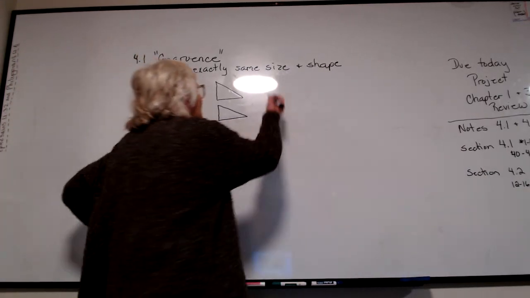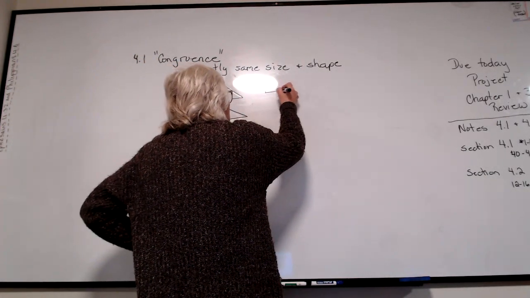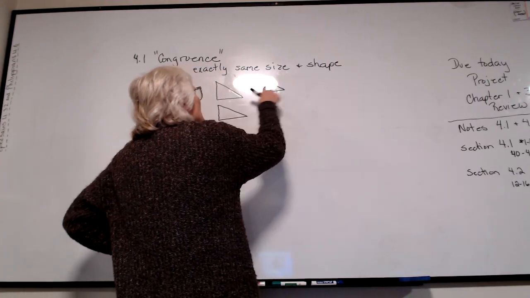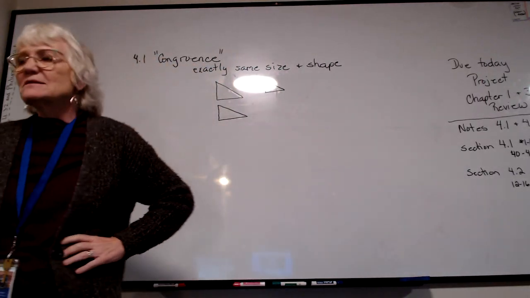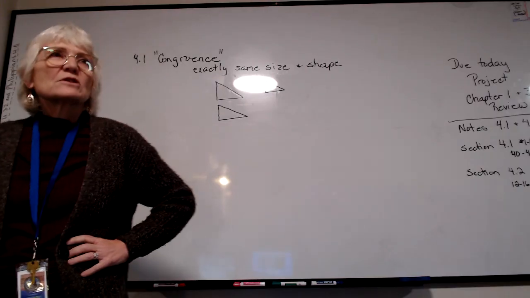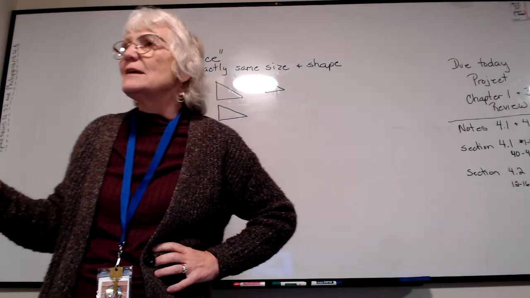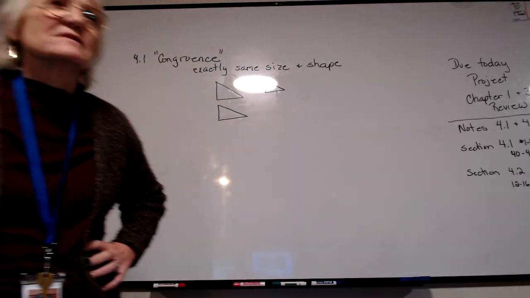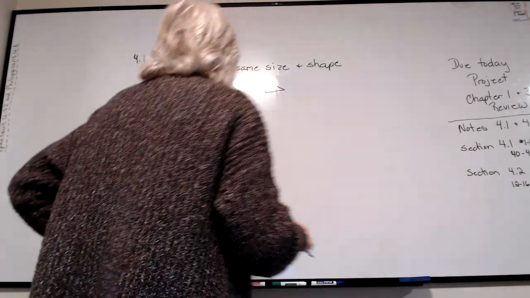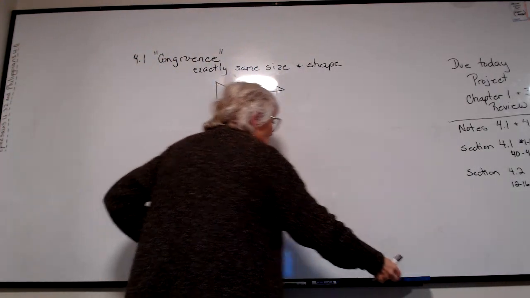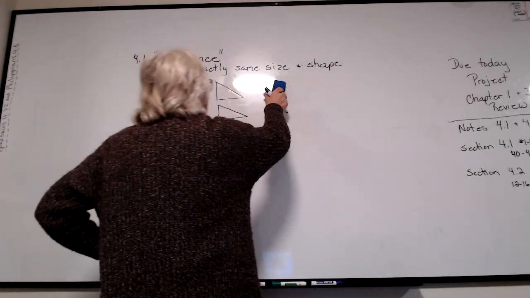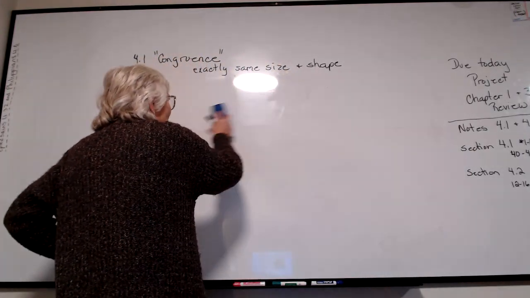Congruent is not when I draw one smaller. It can't be smaller. Those are going to be similar to each other. They have the same proportions, but they're not exactly the same. So, congruence is when we're looking for things that are exactly the same size and shape.